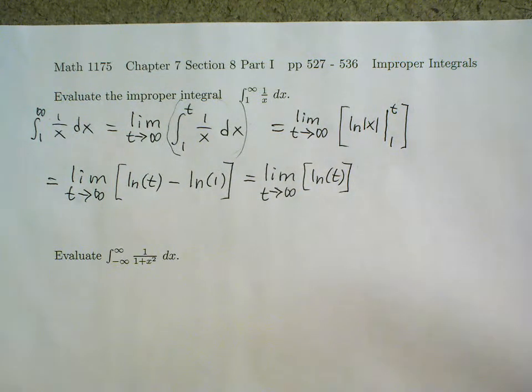So what's the limit of the natural log of t as t approaches infinity? Is it equal to a finite number? Another way to ask it is, does this limit exist?